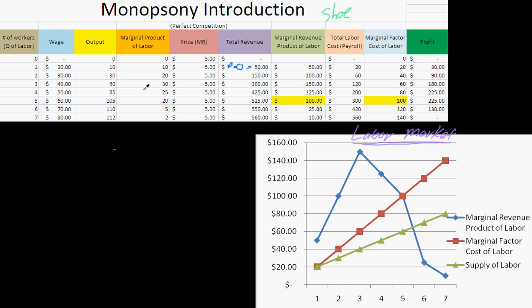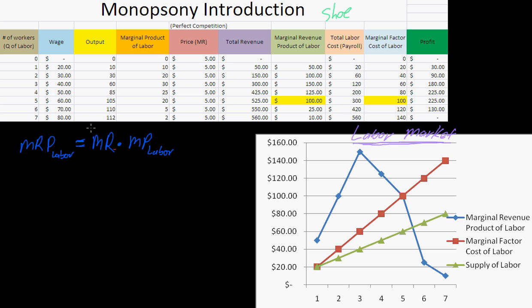Now the marginal revenue product of labor, and this should be review also. The marginal revenue product of labor, and this is normally how it's written. Your class may do it a little bit differently, but this is the standard. The marginal revenue product of labor is going to equal, there are a lot of ways to do it, but one way is the marginal revenue times the marginal product of labor.